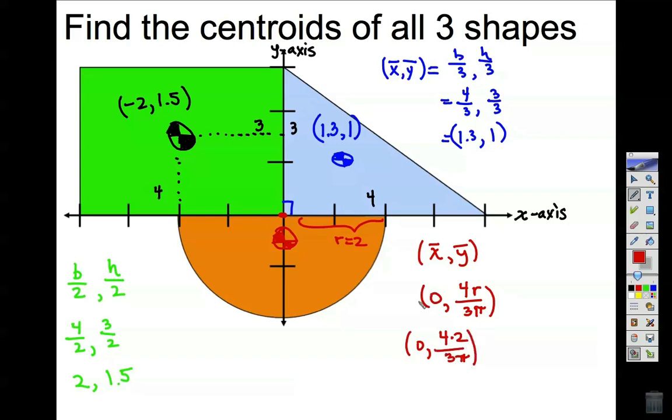If you're going to do this in a calculator, please make sure that you do use parentheses. 4 times 2, divide that by 3 times pi.